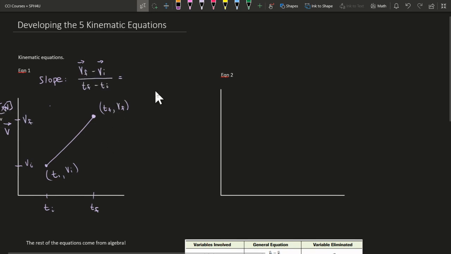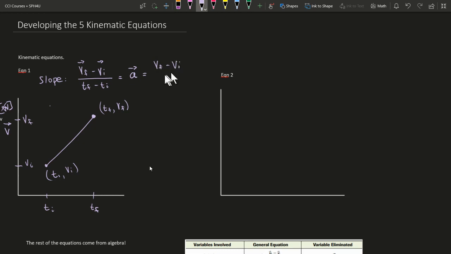If you look closely at this, the units on the top are meters per second, and the units on the bottom are seconds. So meters per second divided by seconds is meters per second squared, which, as we know, is an acceleration.